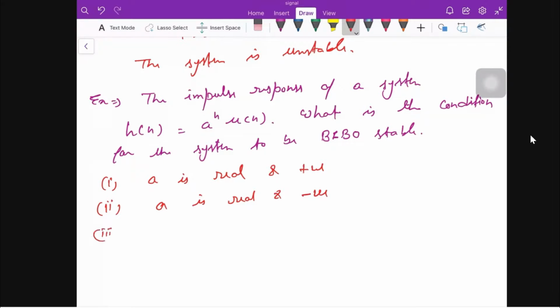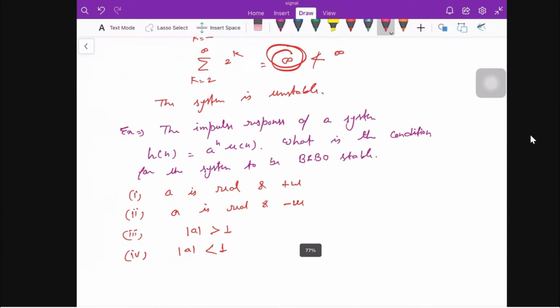Third is given mod A greater than 1, and fourth one is given mod A less than 1. So if you want the condition, you have to use the formula. So this is the question. Now you have to find out which condition is true, whether first, second, third, fourth.